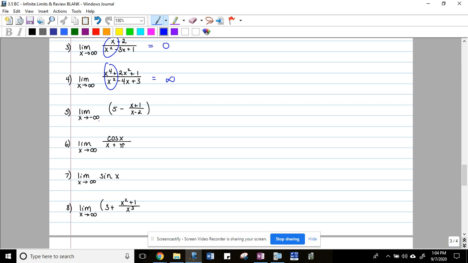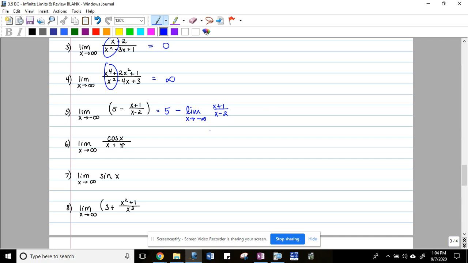The limit as x approaches negative infinity of this function, remember you can separate this out. The limit as x approaches negative infinity of 5, which is a constant, is equal to 5, minus the limit as x approaches negative infinity of (x plus 1) over (x minus 2). So this limit, its horizontal asymptote is 1.